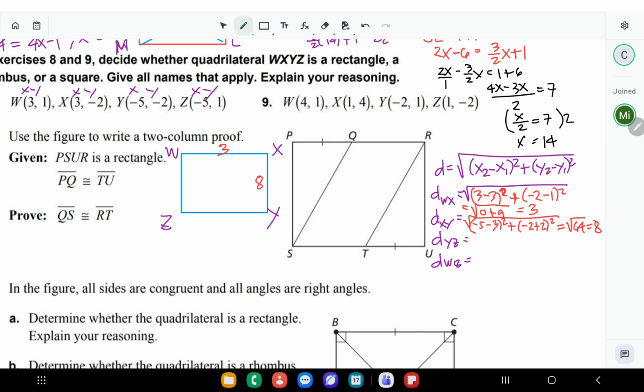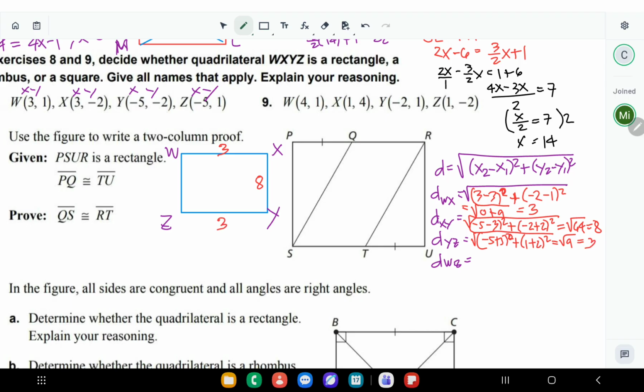Then YZ. Negative 5 minus negative 5 is plus 5, which is 0. Then 1 plus 2 squared, this is the square root of 9, so this is 3.